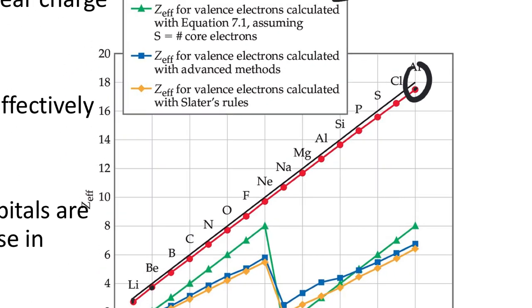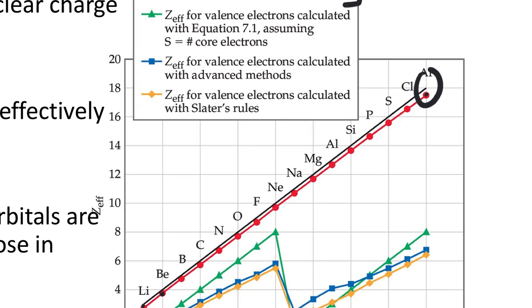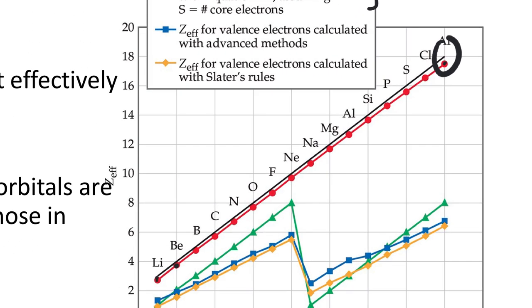And so then the green curve is the approximation where Z effective is just the nuclear charge minus the number of core electrons. And so for lithium on across to neon, this is just where you're taking for lithium 3 total electrons, nuclear charge of 3, minus 2 core electrons for +1, beryllium +2, boron +3, +4, +5, 6, 7, all the way up to +8 for neon, for that constant increase in effective nuclear charge from left to right.